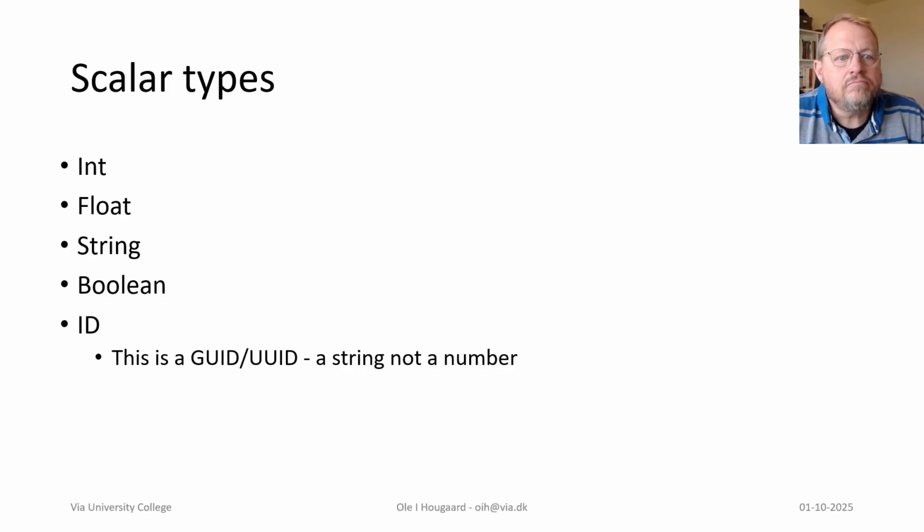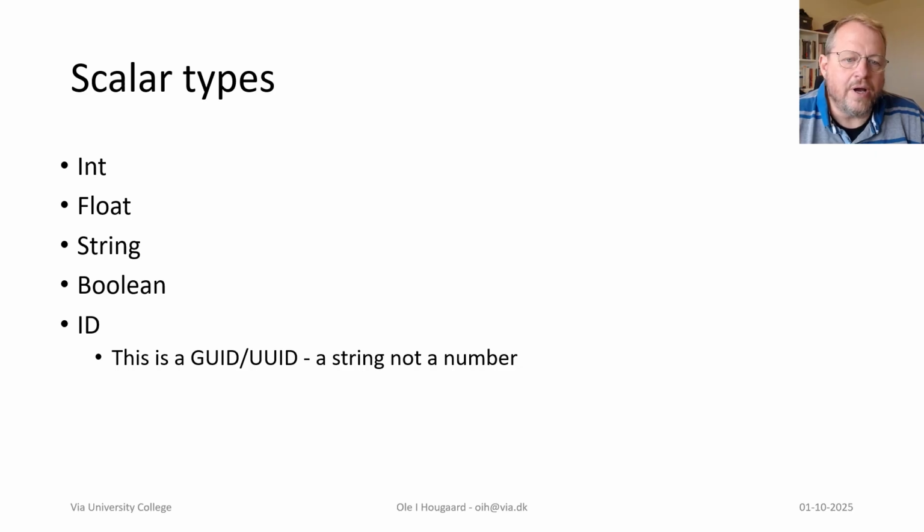And then we have a few special ones, and I want to show the ID. You can look up the list of scalar types, but the ID is special. You need to think about that as a unique identifier, GUID or UUID, whatever, which means that it's a string.